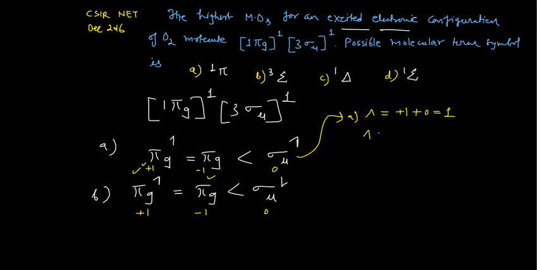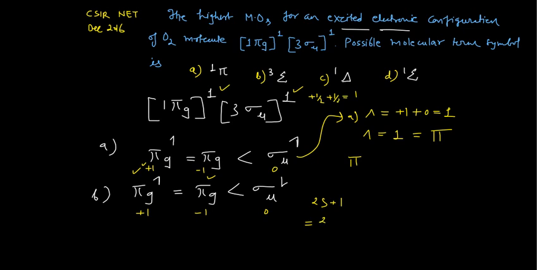Whenever this value is 1, I already told you, you will use the Greek letter pi. So for this A you will use pi. Now you have to calculate the spin multiplicity, 2S plus 1. These two electrons are unpaired, both having plus spin, so you can write +1/2 and +1/2, that will give you 1.